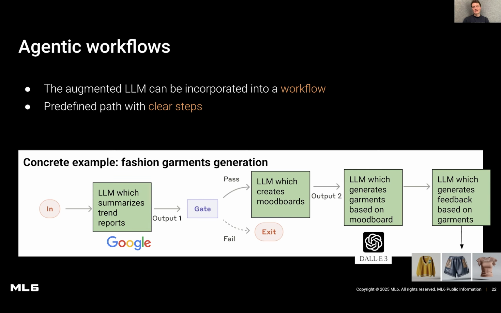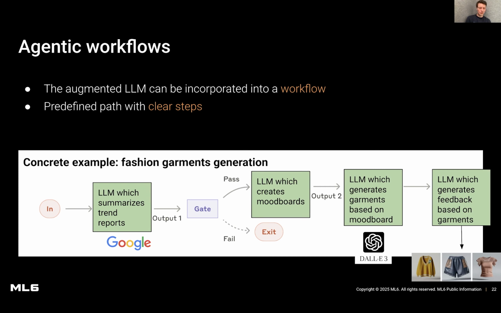That final step could actually be a loop where, based on the feedback, the previous LLM generates other clothing items, and again some feedback is generated. Then we end up with garments, fashion items that have been entirely AI generated using this agentic workflow. This is just one example of an agentic workflow that we built.